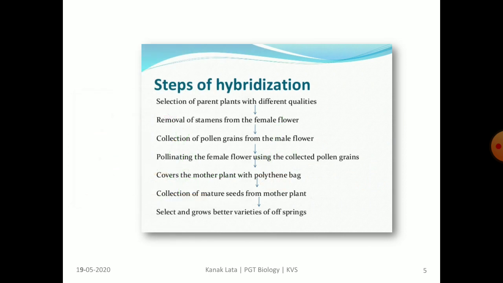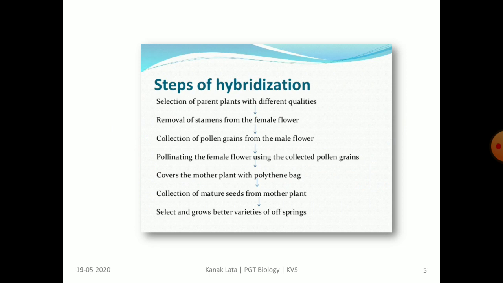Let us see what are the different steps of hybridization. First step is selection of parents with desired qualities. Second step is removal of the stamens from the female flower, and this removal of stamen, that is male part, is called emasculation. Third step is collection of pollen grains from the male flower.